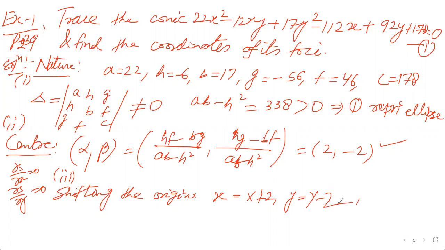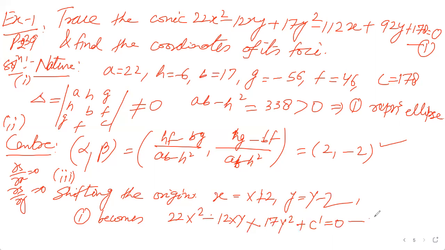Then equation 1 becomes, by this substitution, putting it in equation 1 in place of x and y, 22 capital X square minus 12 capital XY plus 17 capital Y square plus C dash is equal to 0. Suppose it is equation number 2.